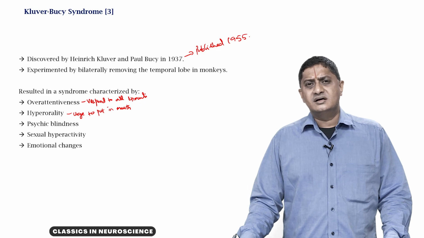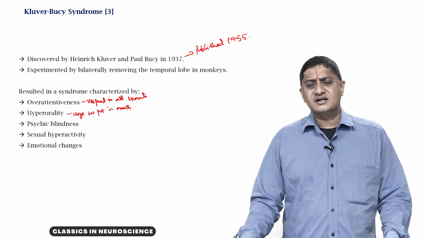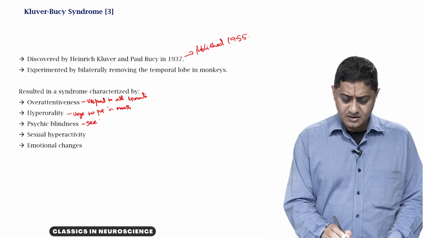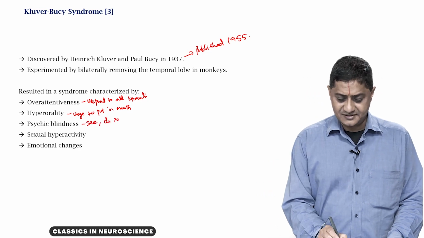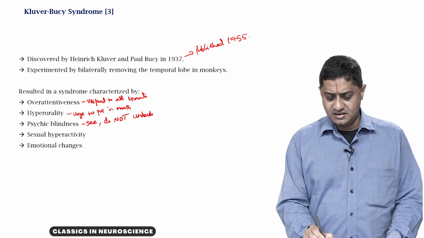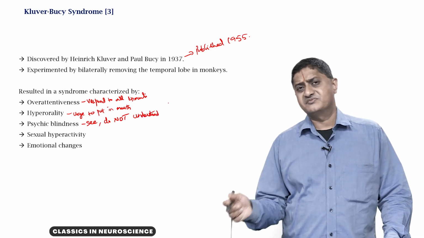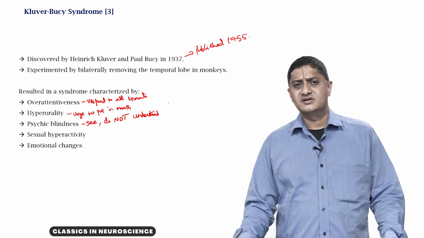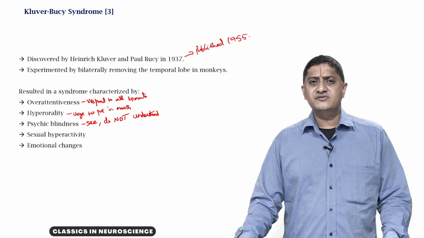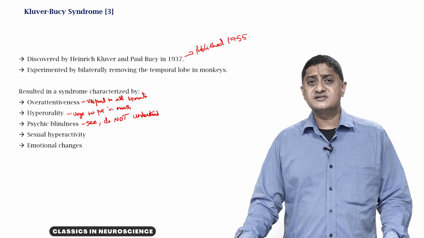They also had what was characterized as psychic blindness. They see but do not understand. For example, they see even harmful objects such as a lighted match, but they do not understand the consequence of touching or examining such a stimulus.